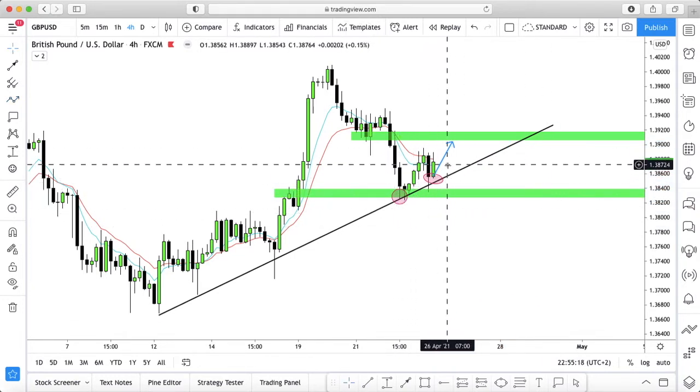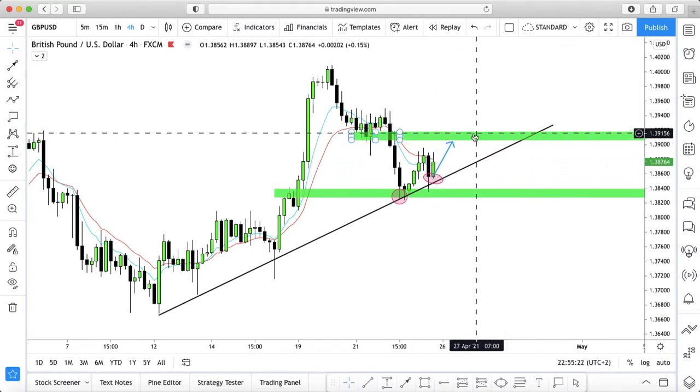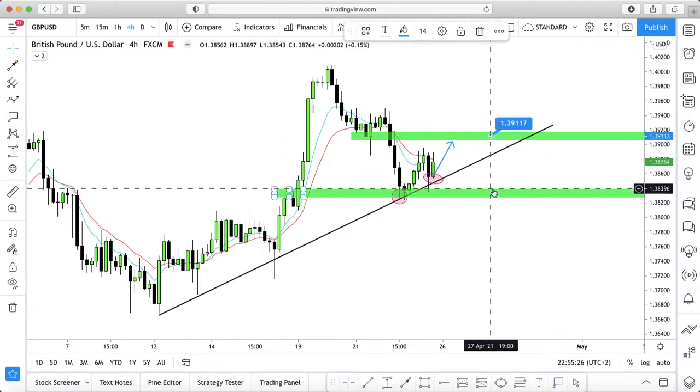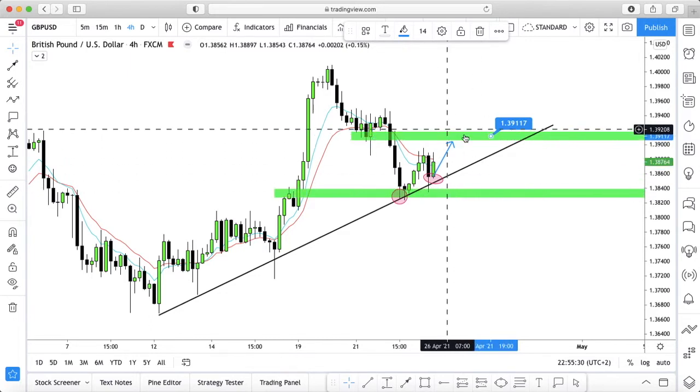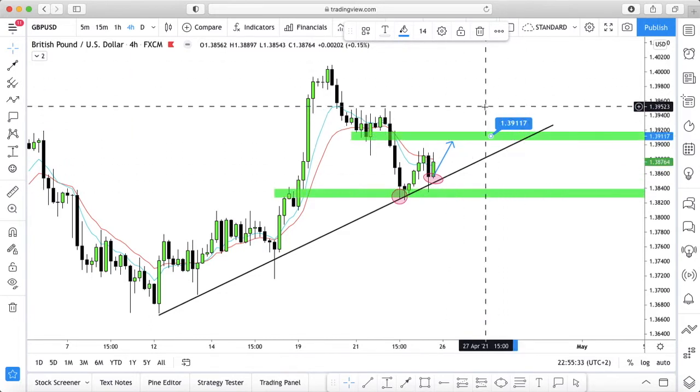Otherwise, I don't think it's a bad idea to wait and see if price will push and break this high again over here at 1.39117 and then continue going up. So I'm going to stay out initially just to see exactly what price does. There's no need to rush.